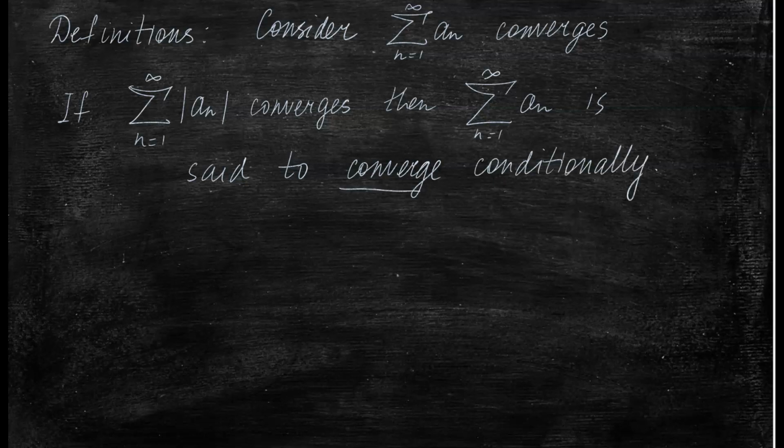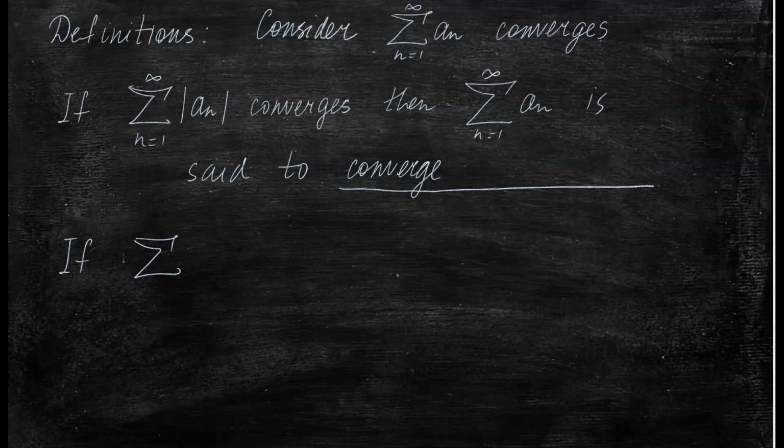So again, this is the new term that we introduced. Actually, I'm sorry, hold on. We say it converges conditionally if, let me fix this. If the series of the absolute terms converges, then we say the original series converges absolutely. Sorry about that.